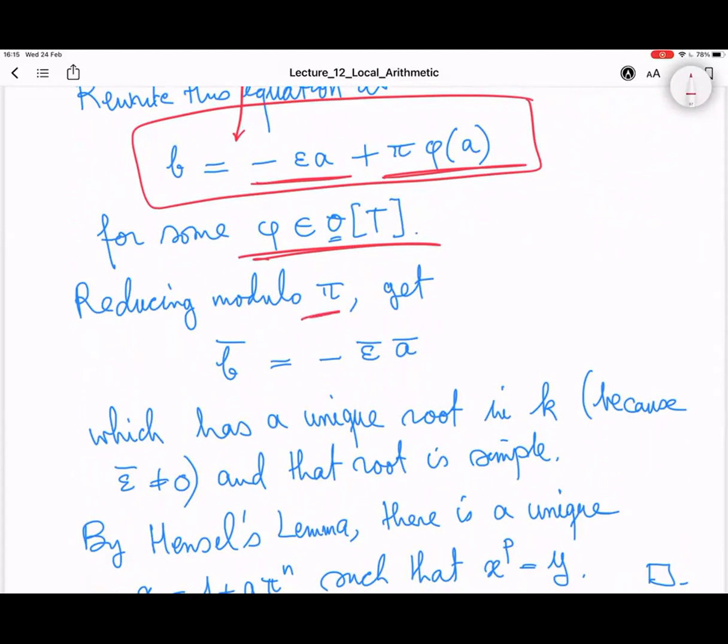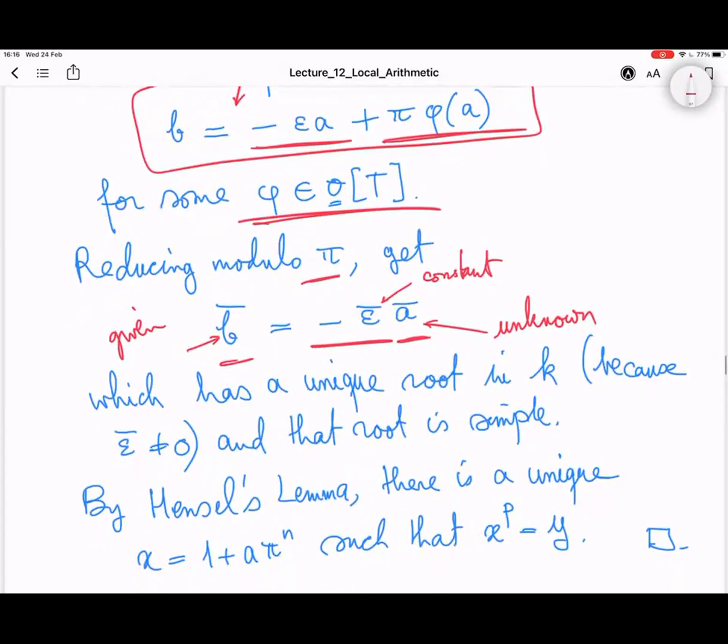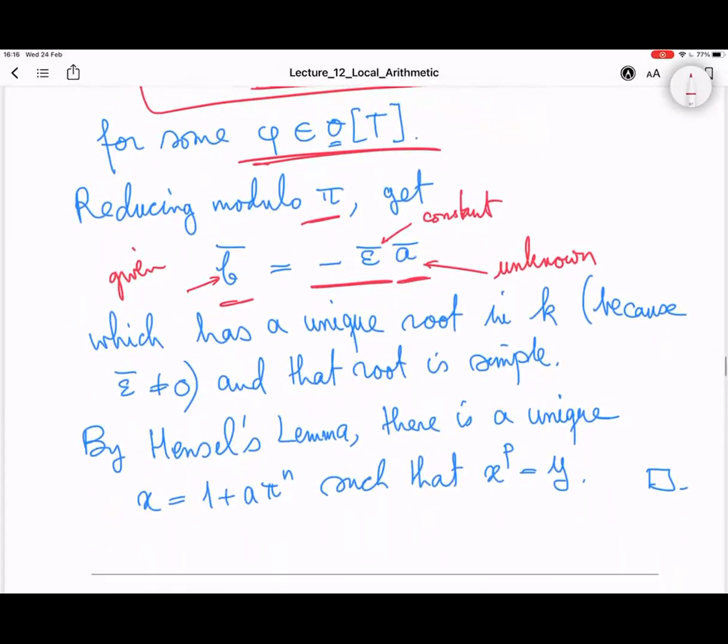Then I'll get B bar equals minus epsilon bar times A bar. Remember, B is given to me. And this epsilon, of course, is a constant, a non-zero constant, and this A is the unknown.